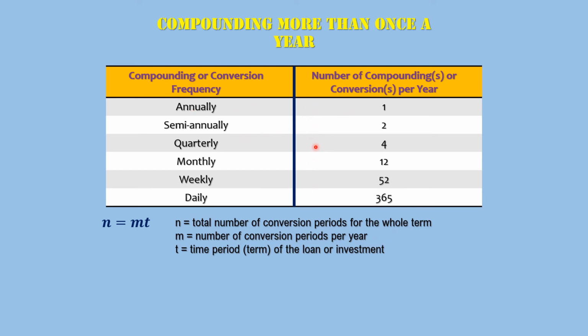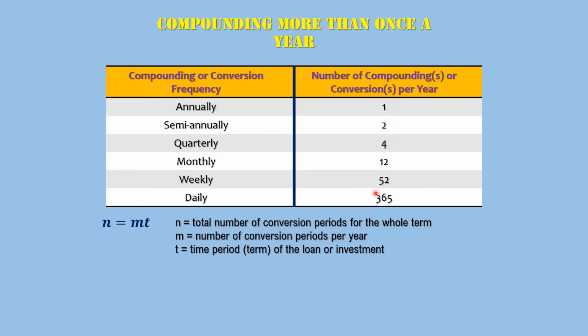These are the numbers representing M. And then T, this is the time. How many years? Ayan, i-multiply natin yung dalawa. Upon multiplication, it will come up to N, the total number of conversion periods for the whole term. Okay, kasi nga meron lang tayong conversion frequency rito, at number of compounding conversion per year.